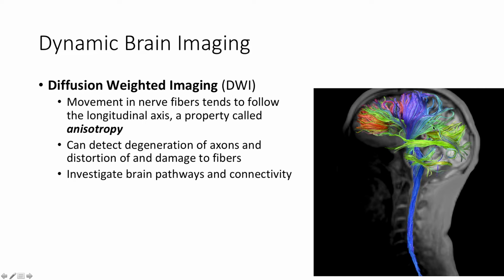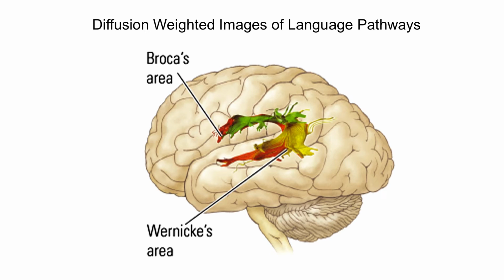Here's a really cool picture where people used tractography to follow these water molecules and see what the pathways in the brain look like. Looks cool, right? All these different colors could either be different pathways or different directions. Here you see a schematic picture from the book.